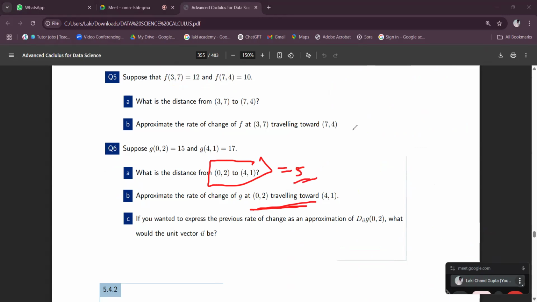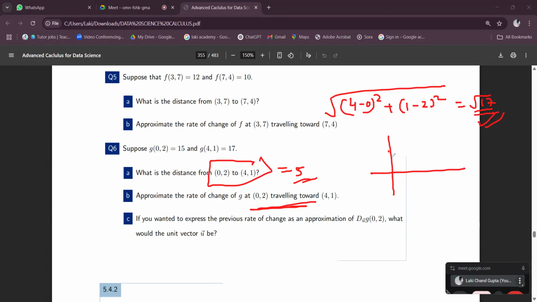4 minus 0 square? No, not minus 5. 1 minus 10, 16 plus 1, 17, square root of 17. And you can see one point is (0,2) here and (4,1) here. So this is also negative. You can check.